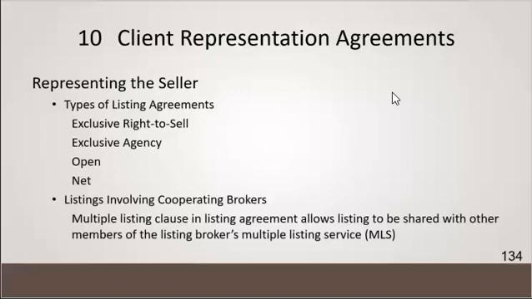These exclusive listings also, remember, have to be in writing. Statute of frauds. You cannot have an oral listing agreement. Must be in writing. You will get them to sign something. Oh, I know where I was going.